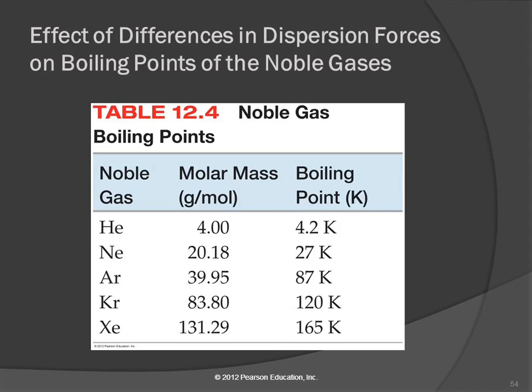And so he boils at almost nothing. Does that make sense? Boiling point is related to strength of intermolecular forces, the stick-togetherness of them. And this first form of stick-togetherness that we're talking about, the dispersion forces, depends on the size of the molecule or the atom.